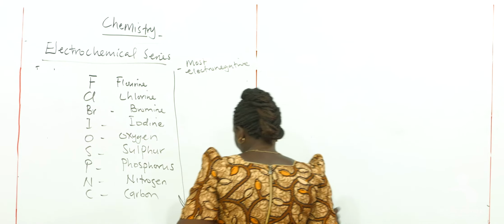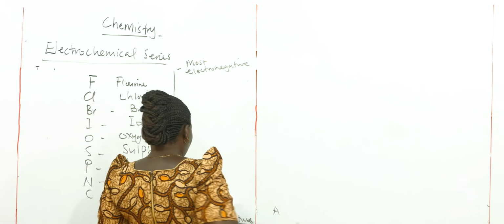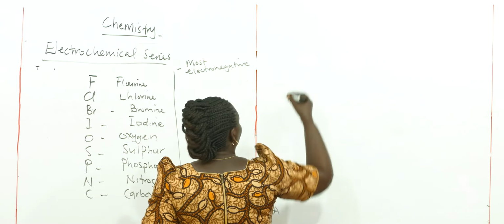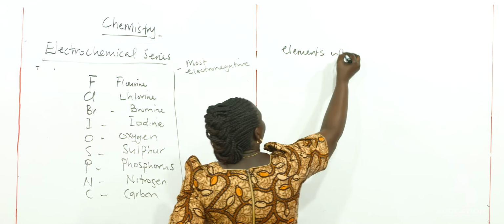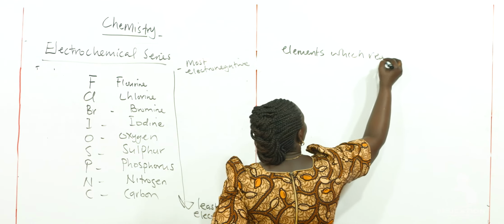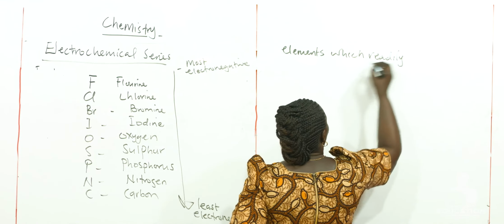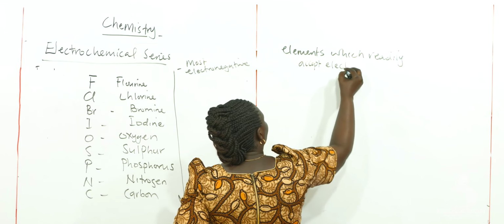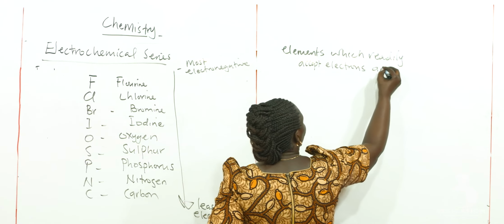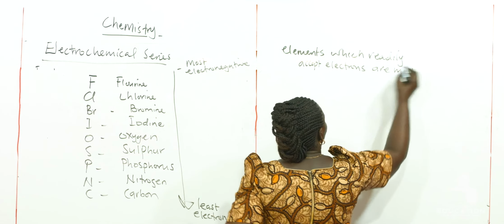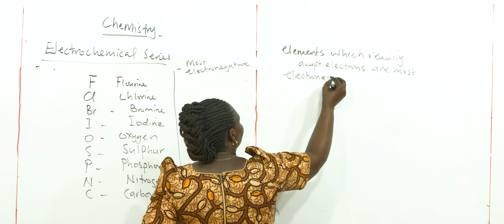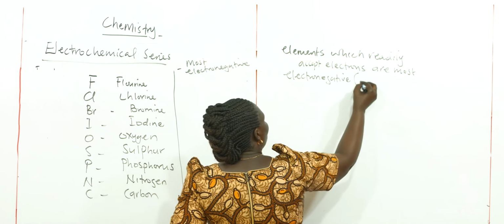Elements which readily accept electrons are most electronegative or most reactive.